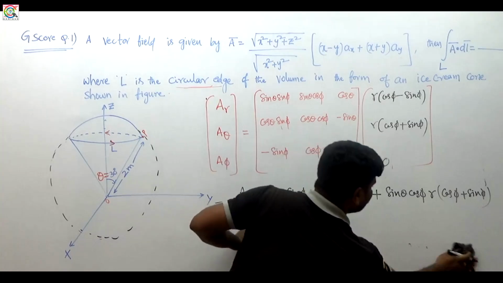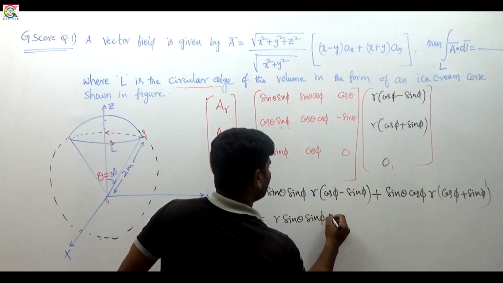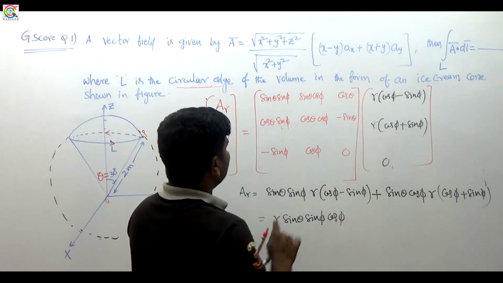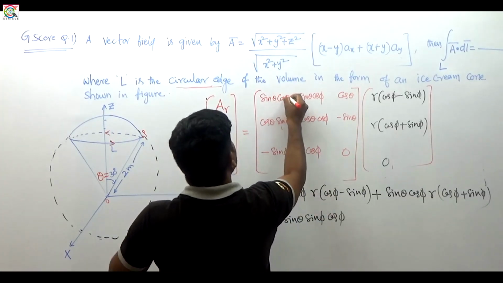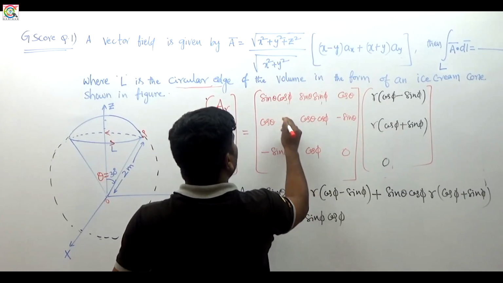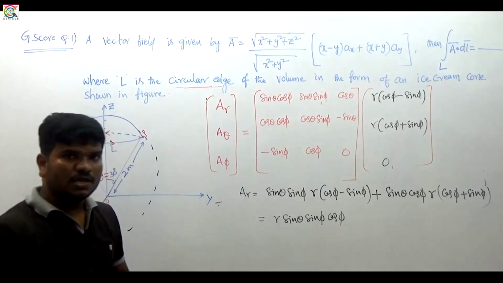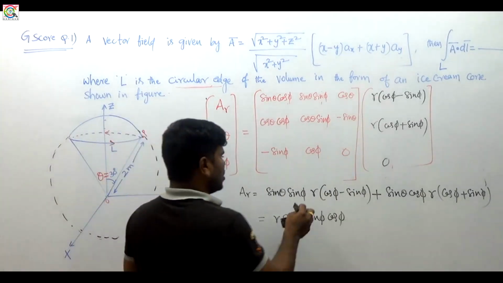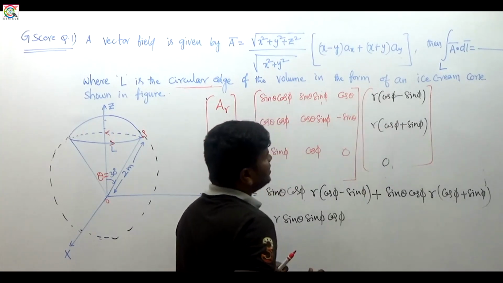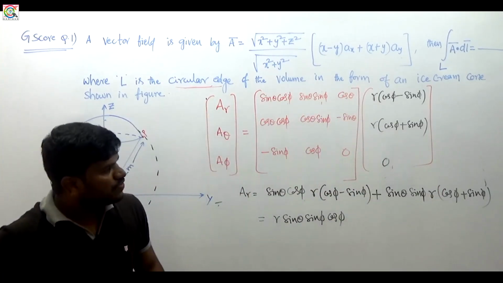Sorry, this is sin theta cos phi for the first term and sin theta sin phi for the second. So it is sin theta cos phi into r(cos phi minus sin phi), next sin theta sin phi into r(cos phi plus sin phi).